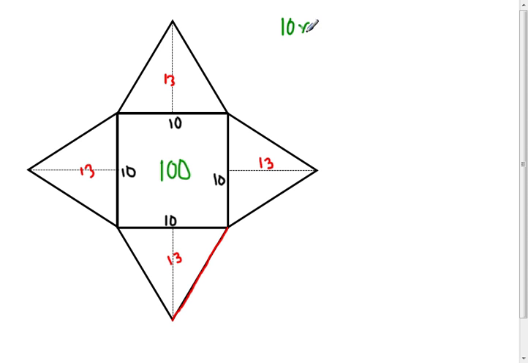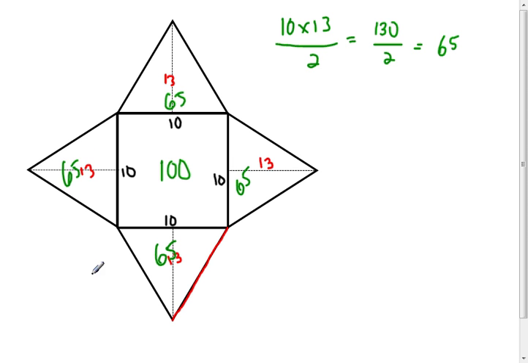So we're going to go 10 times 13, and then divided by 2. 10 times 13 is 130. 130 divided by 2 is 65. So the area of this triangle is 65. The area of this triangle is 65. The area of this triangle is 65. And the area of this triangle is 65.